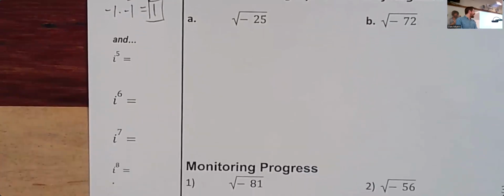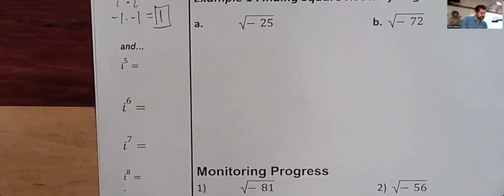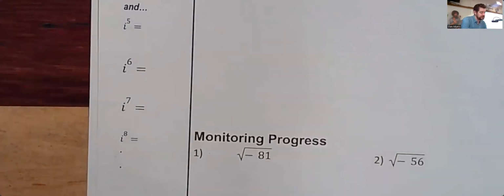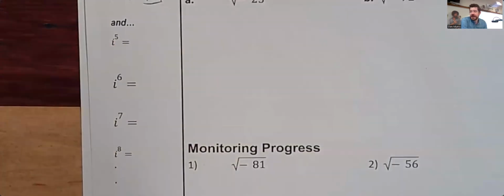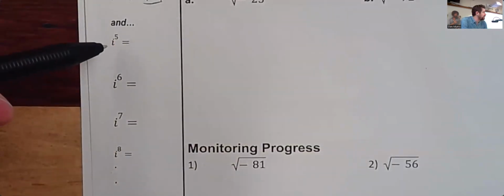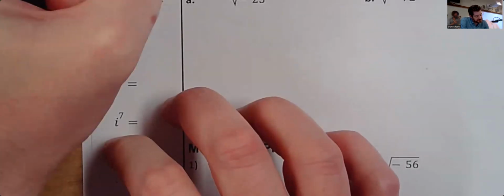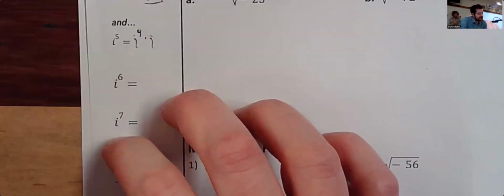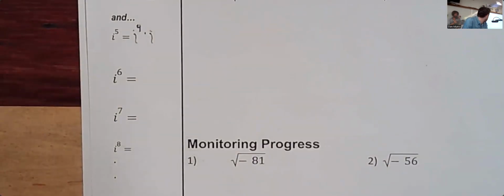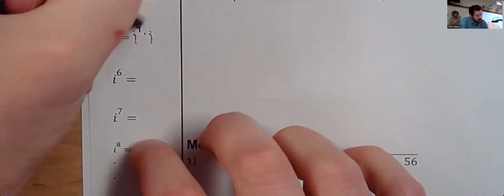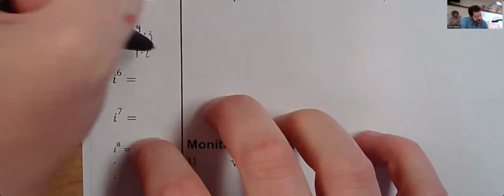Let's keep going here. So i to the 5th power. Let's see, we know that i to the 4th power is 1. So this would be i to the 4th times i. And if i to the 4th is 1, and we multiply 1 by the imaginary unit, 1 times anything is itself.